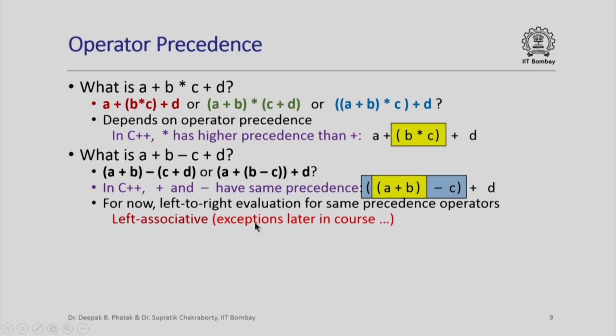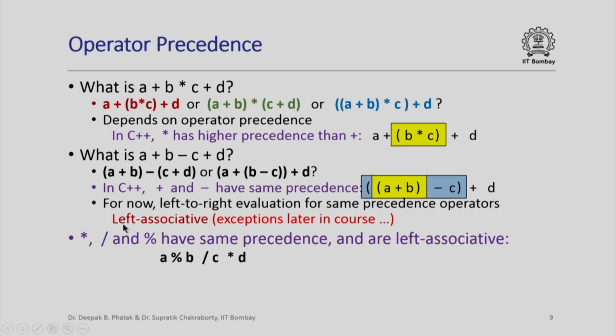And we will see that there are exceptions to left associative operators, but these we will encounter later in the course. Similarly, just like plus and minus had the same precedence, multiplication, division and the remainder operator have the same precedence, and their precedence is actually higher than that of plus and minus.